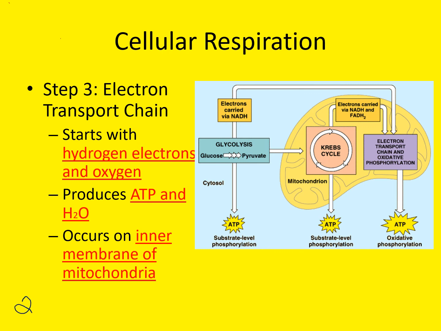That pyruvate is an acid, so we need to take that pyruvate and send it to the mitochondria. Well, it's an acid, we need to break it down. So inside of the mitochondria, we are going to do what's called the Krebs cycle. The Krebs cycle will take the pyruvate, make 2 more molecules of ATP, carbon dioxide, and a bunch of hydrogen.